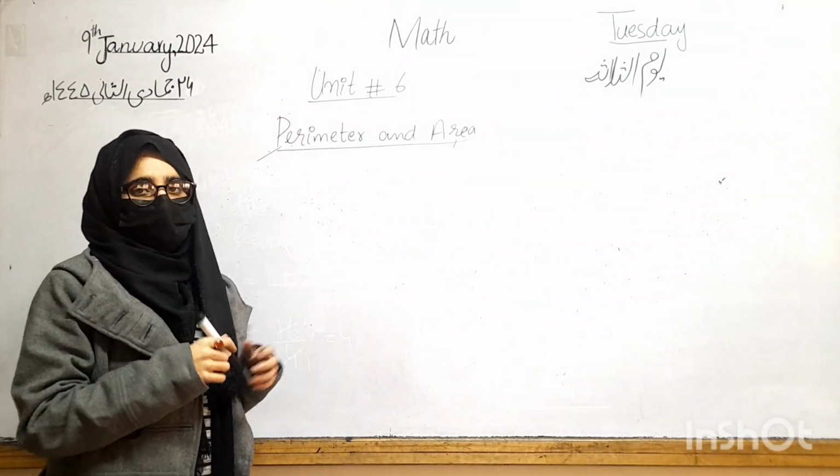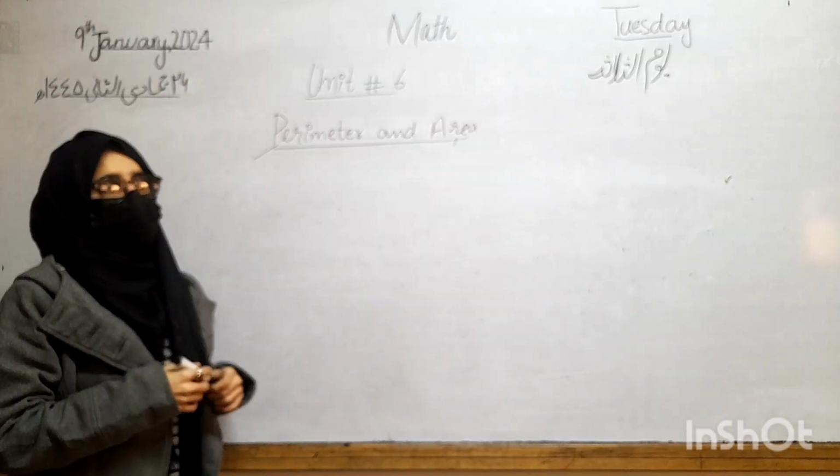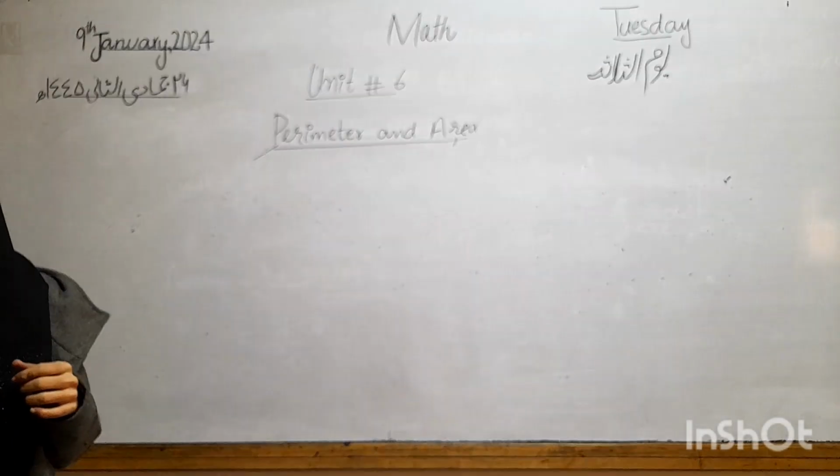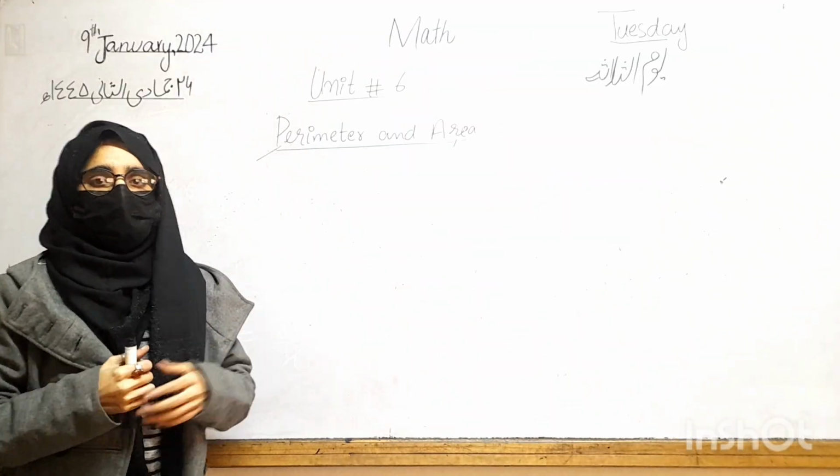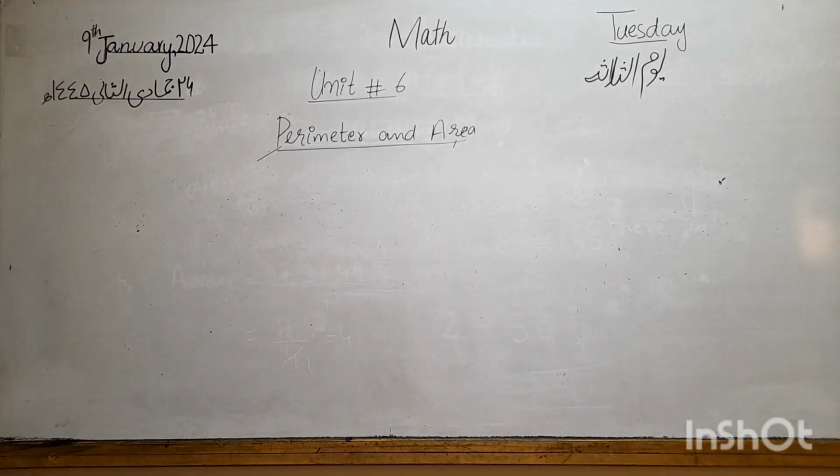In our previous lesson, you came to know an idea about finding the area with the help of given length and breadth. After that, we completed the table of length, breadth and area.